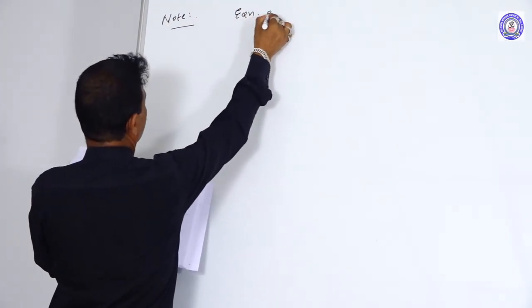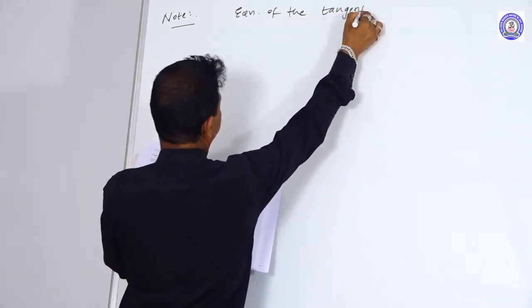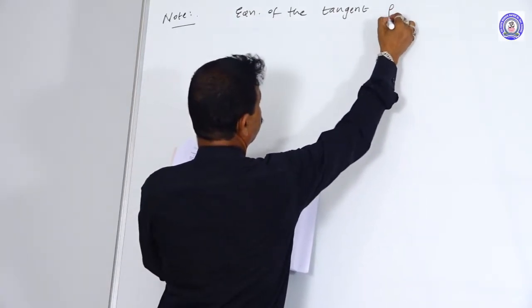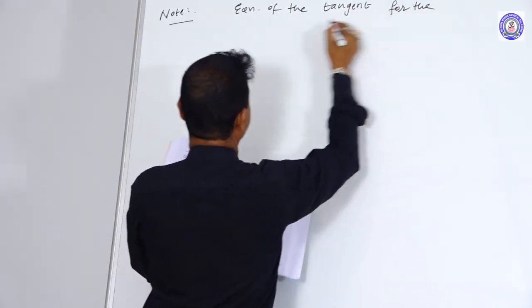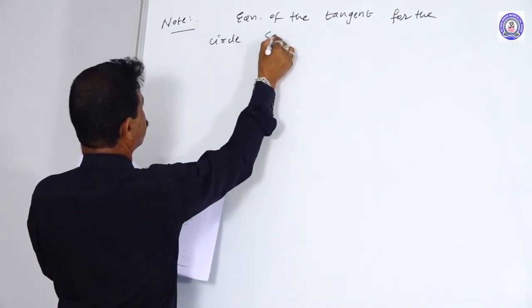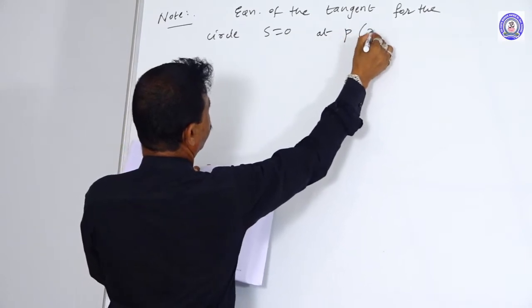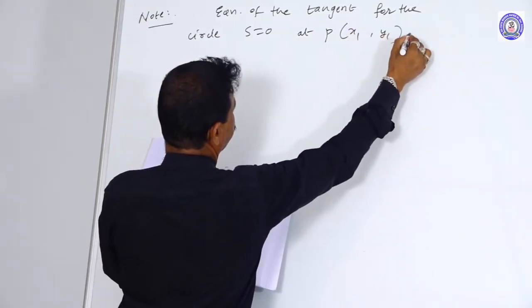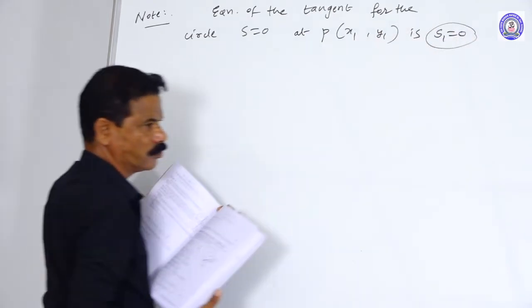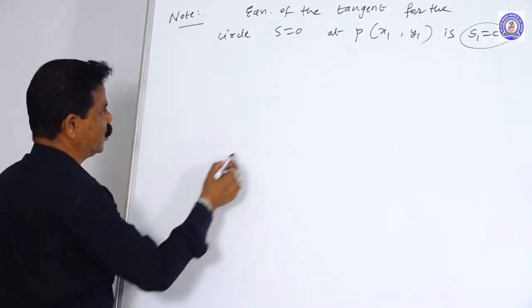Equation of the tangent for the circle S = 0 at point P(x1, y1) is S1 = 0.